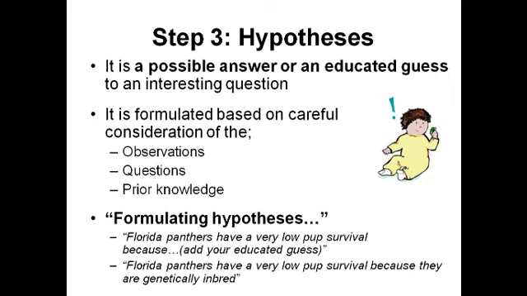Okay, so in the case of the Florida panther, we are going to say Florida panthers have a very low pup survival because, and now I'm going to add my educated guess, I've been reading about these guys, so I'm going to say because they are genetically inbred. It's a very small population.